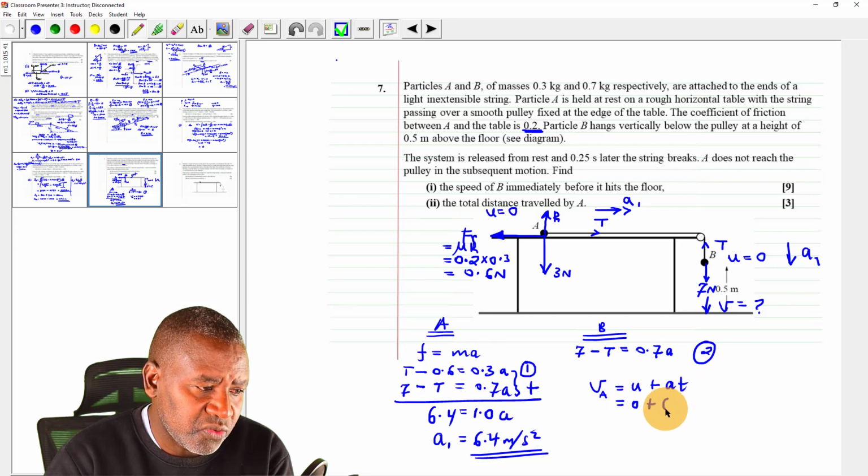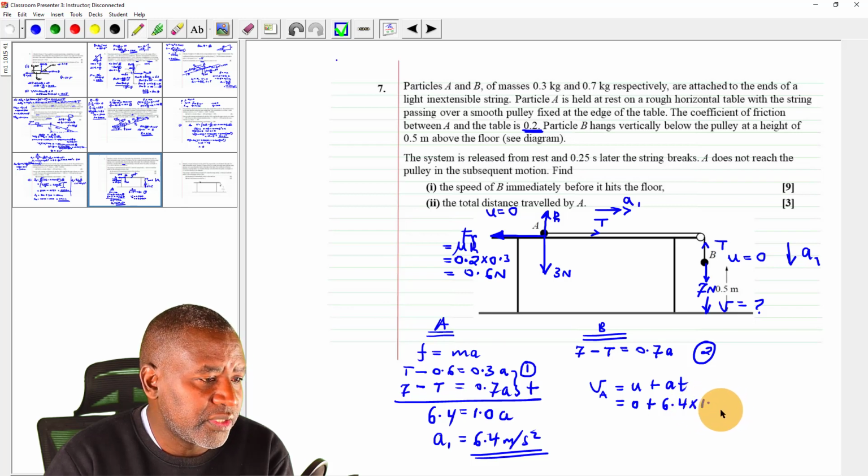The a, I've just worked out to be 6.4, and the t is 0.25.